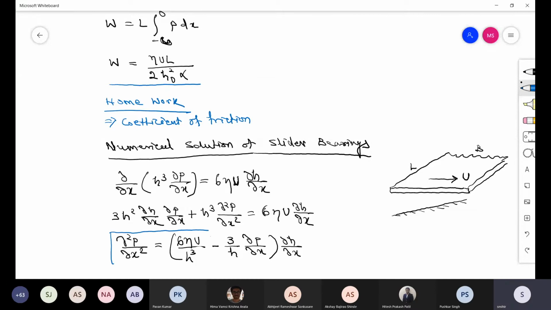So this is the rearranged one-dimensional Reynolds equation. That is what you are going to use for this numerical solution.